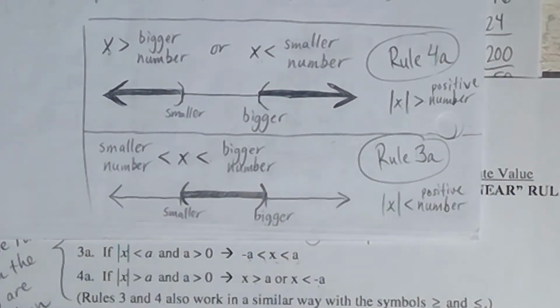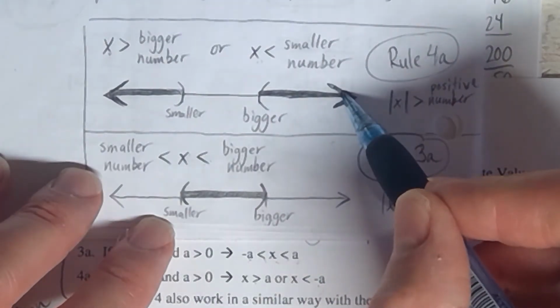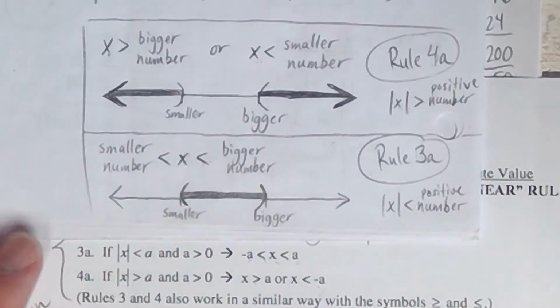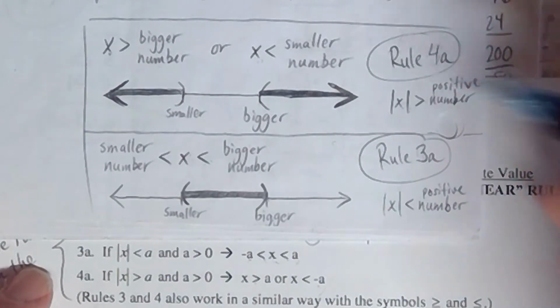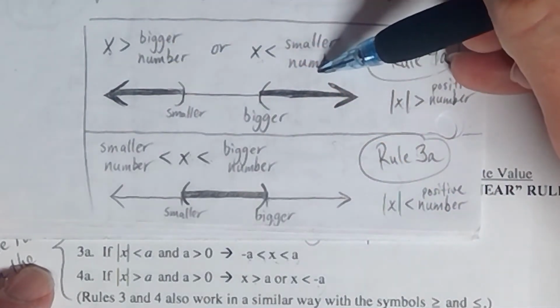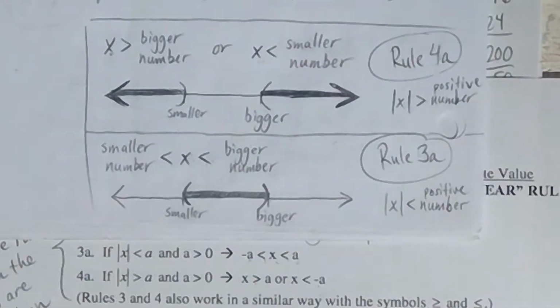Well, it's just different parts of the solution. Remember, when you do an inequality, there's a whole bunch of solutions. The solutions are the ones that are greater than the bigger number, and they're also the ones that are less than the smaller number. It's just both of those different sets of numbers. X does not have to be greater than the bigger number and less than the smaller number at the same time. It's just that those numbers all work for that particular inequality.